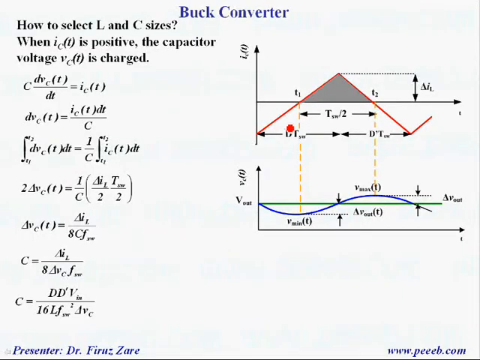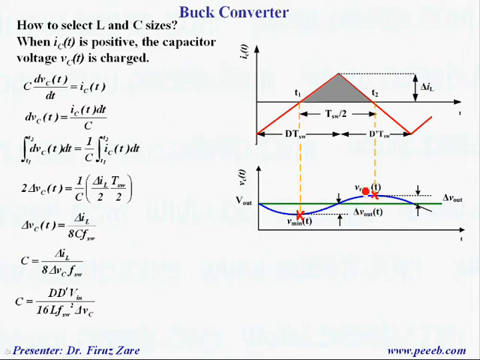So to find the capacitance value, we can also look at the voltage ripple. Over this period, which is half a switching time, this is the minimum voltage, and at the end of this period the voltage reaches the maximum value. So here we can define the voltage ripple.